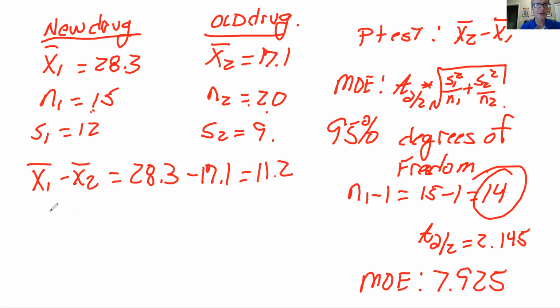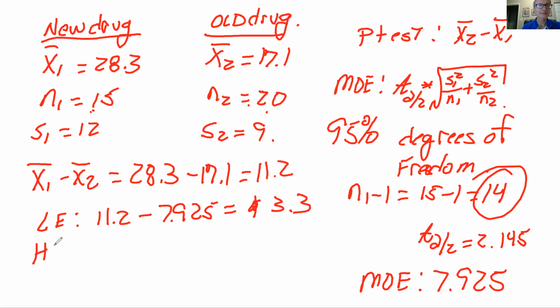What do we do now? What's the low end? The low end would be 11.2 minus the margin of error, which is 7.925. If we round, you would get 3.3.